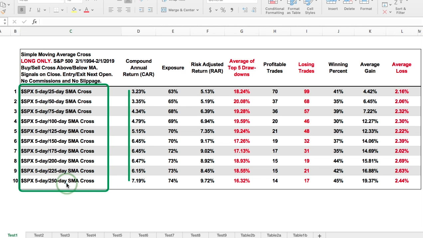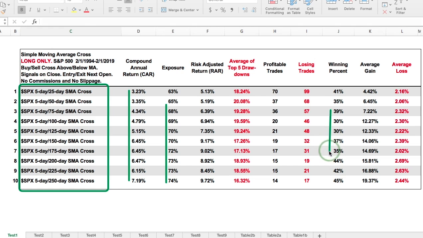So when you get that bigger moving average on the right side, the longer moving average, you're going to have a better chance at higher returns. And your exposure is going to go up a little bit as well, from 65 to 74%. And then your winning percentage is going to go up.